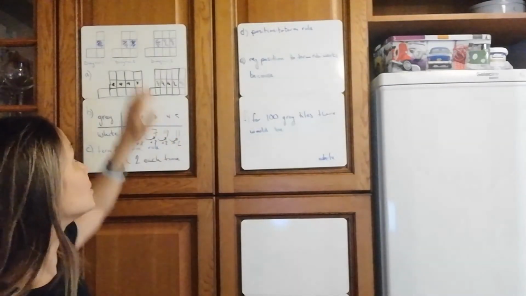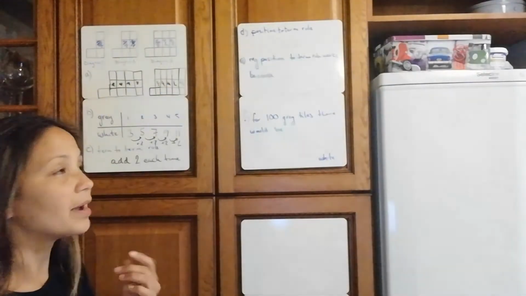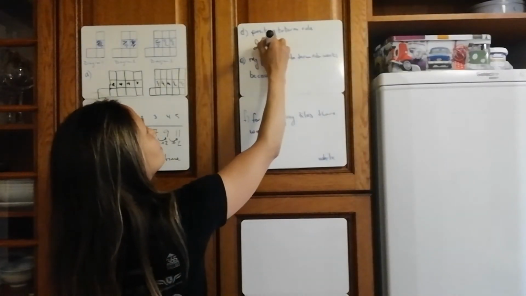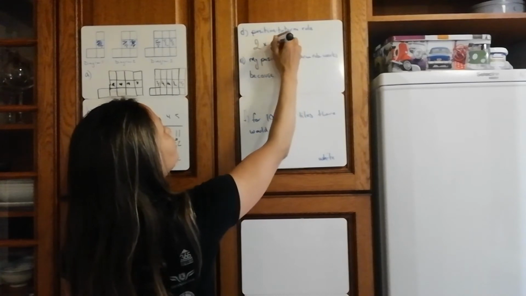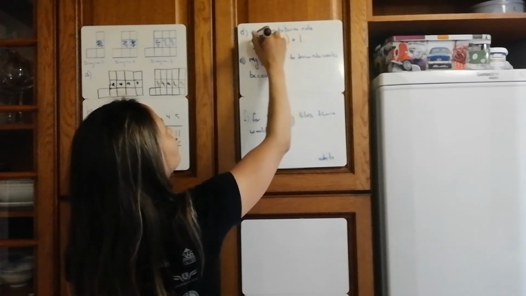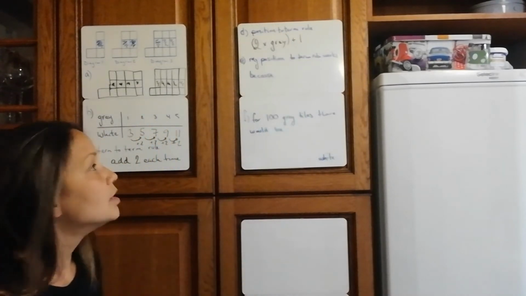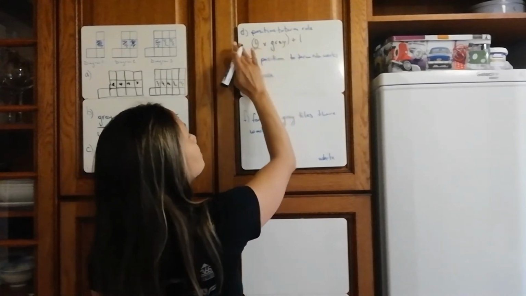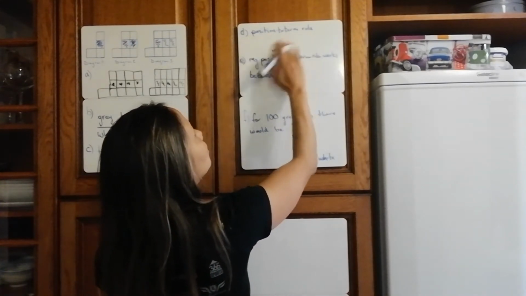And it's a lot easier because I've got the pattern to use to see why it's like that. I know that there are 2 times the number of gray tiles plus 1. Right? So in this case, because we're using gray and white, let me just write that a little bit clearer.